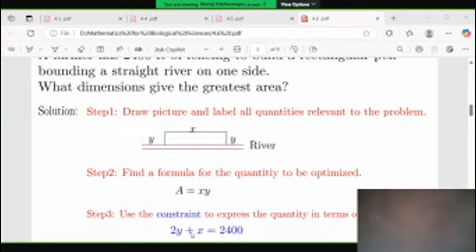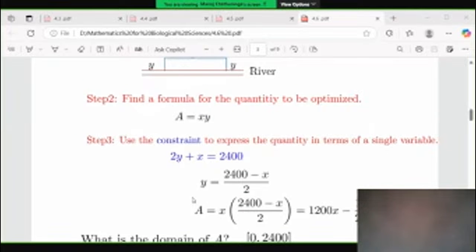So what we can do is use derivatives for the area function if we have it as a function of a single variable. If we have a function of a single variable, we can differentiate it. So we can remove y from these two expressions and make it a single expression of x.